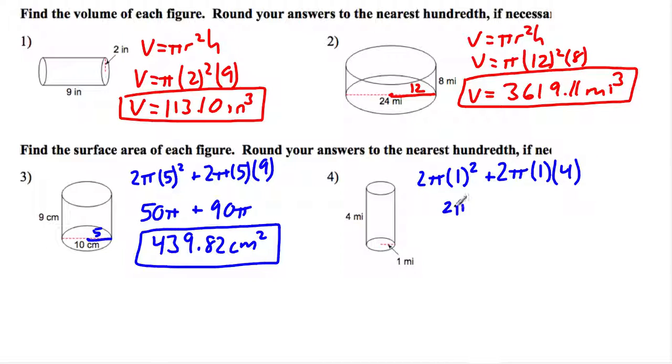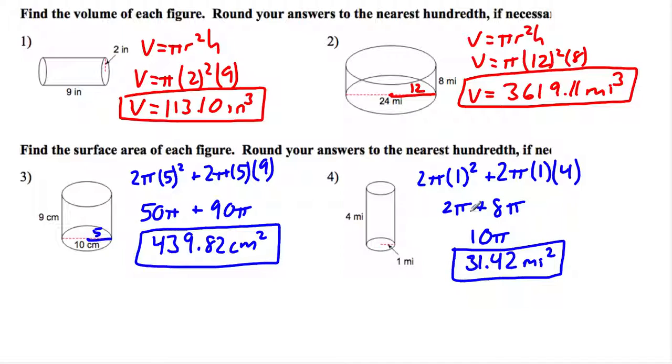So again, if I clean this up, I get 2 pi plus 8 pi, and that is 10 pi. So if I do 10 pi, I get, I don't even know why I'm putting this in my calculator, because of course, if you multiply 10 by pi, you just move the decimal over. So it's 31.42 miles squared, again, because we're talking about surface area.